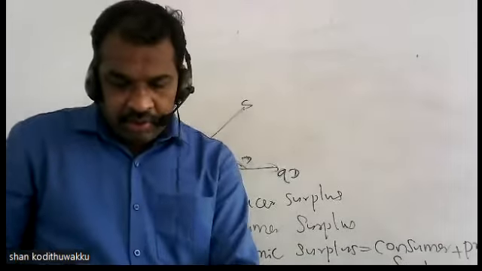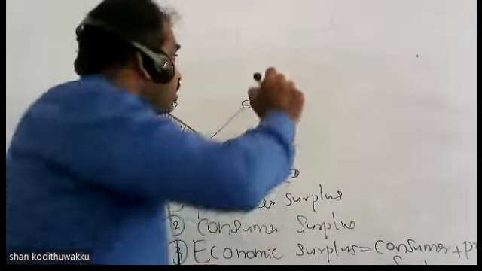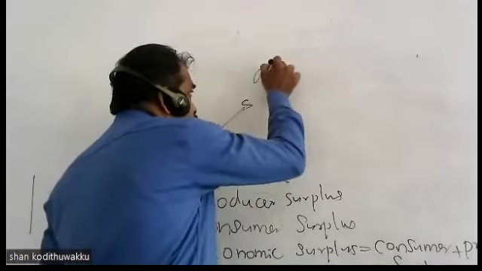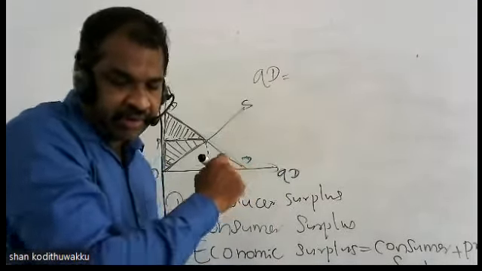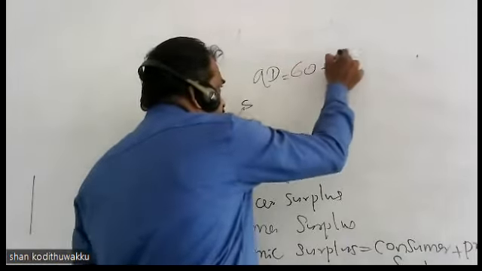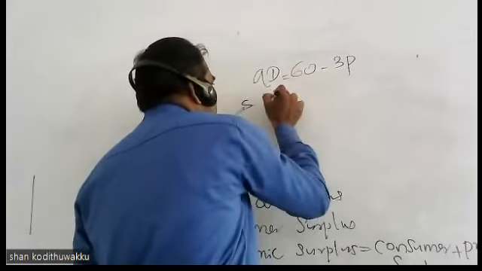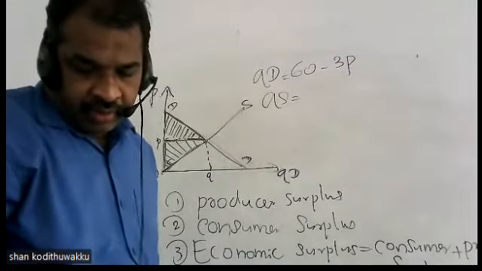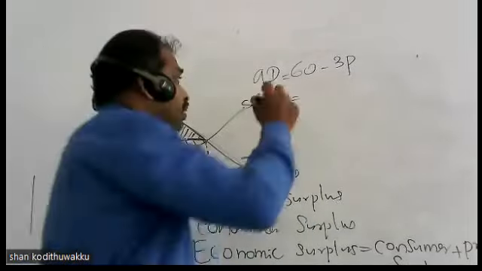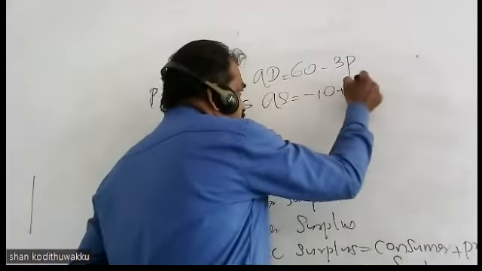In the question, they have given you the demand equation QD equals 60 minus 3P, and QS equals minus 10 plus 2P.